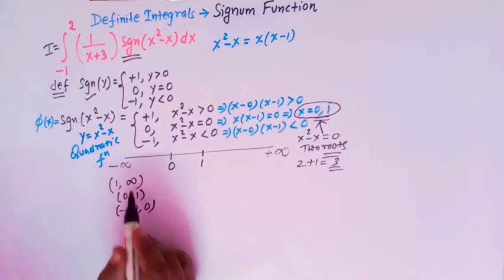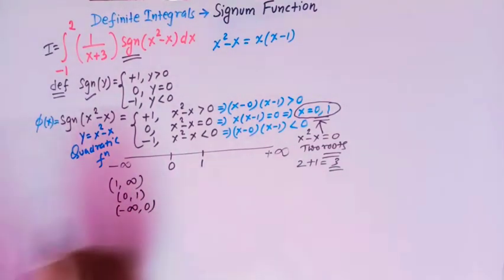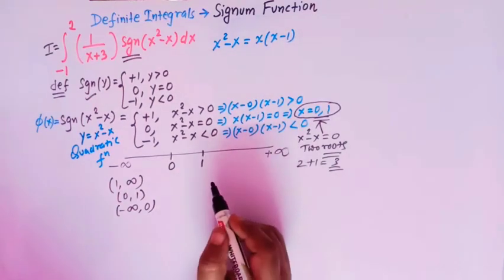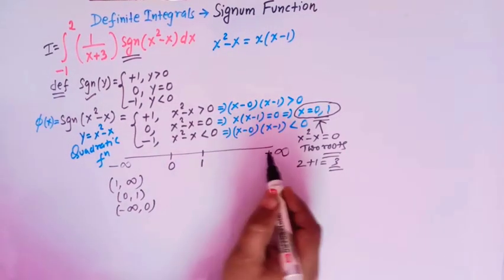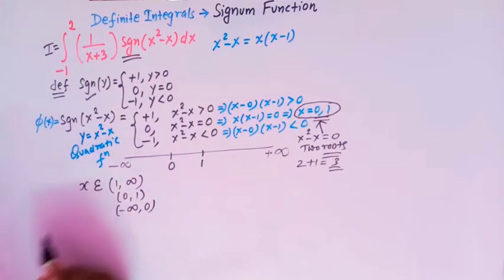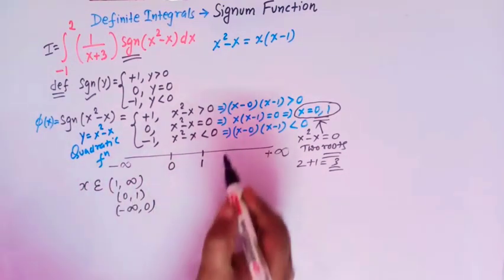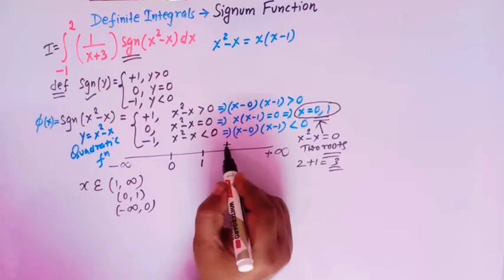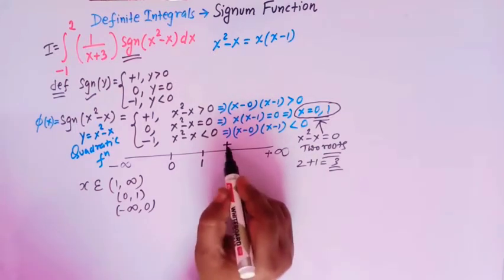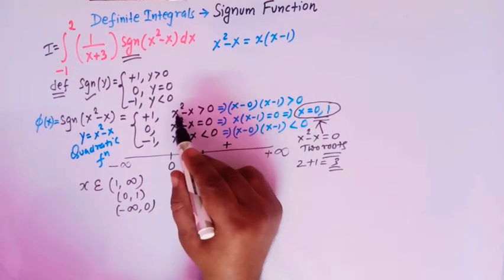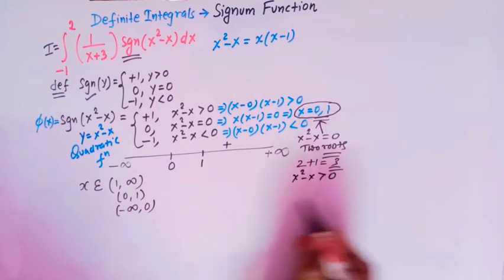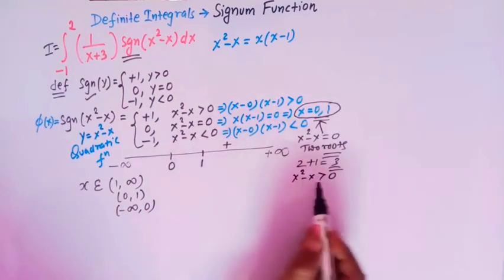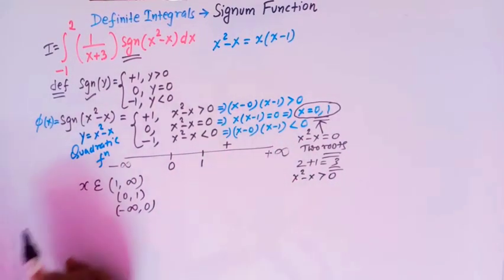Now we can easily verify that when x belongs to the interval 1 to infinity, we have a positive sign. What does this mean? It means that the inequality x square minus x greater than 0 holds whenever x lies between 1 and infinity.